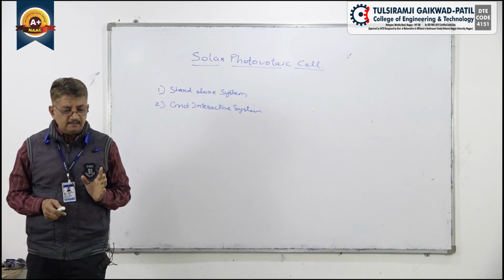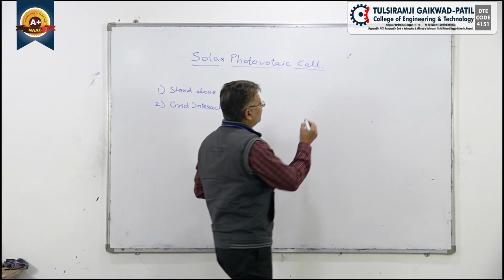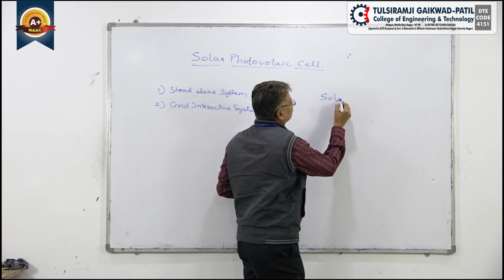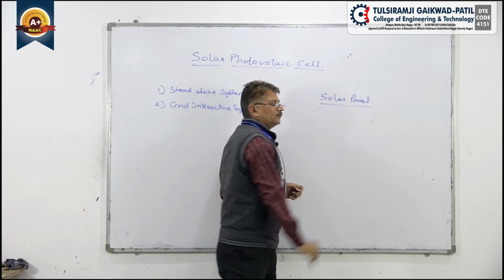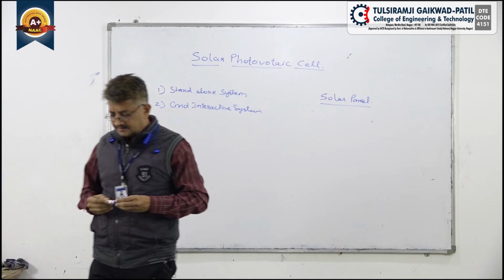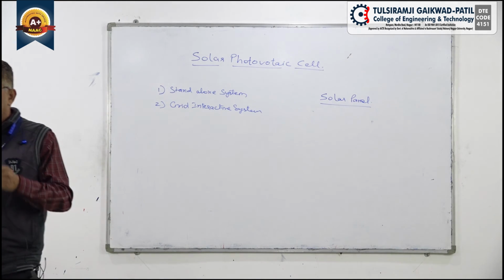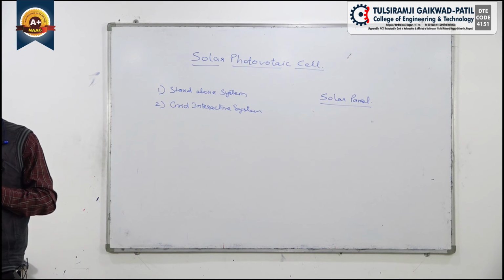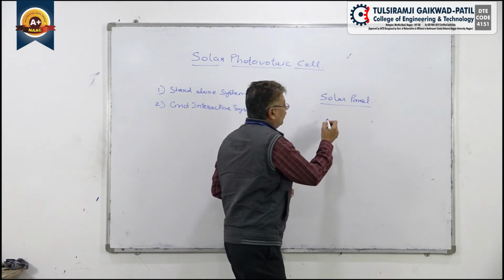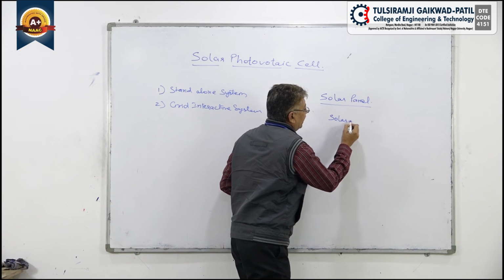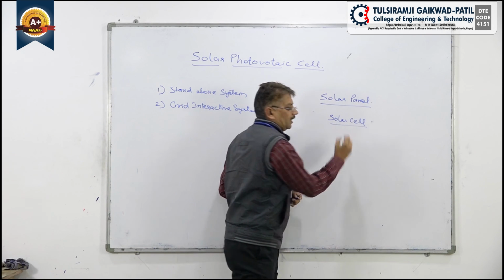Now, what is a panel? A solar panel consists of series and parallel combinations of solar cells.